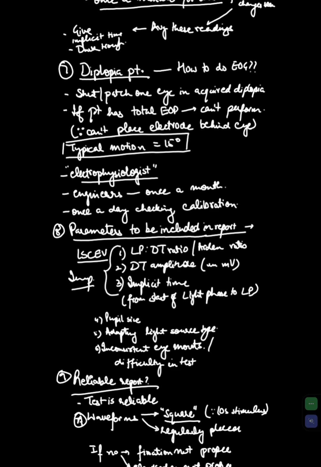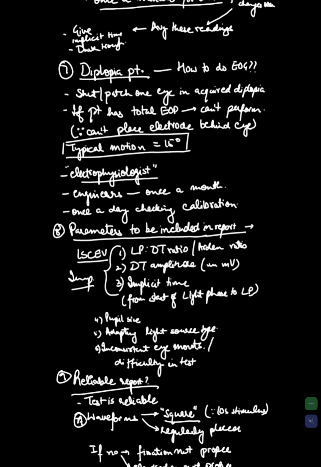DT amplitude, dark trough amplitude in millivolts, should be there in the report, and the implicit time from the start of the light phase to the light peak. These three things should be there in the report. Along with this, the pupil size and the adapting light source type should be there, and inconsistent eye movements or difficulty in the test should be noted in the report.